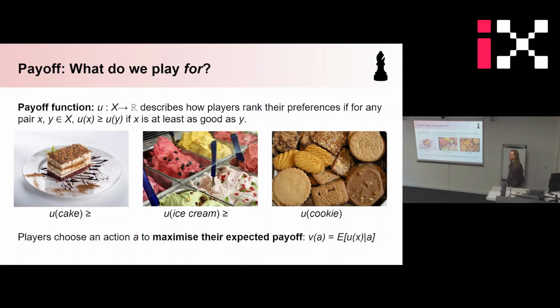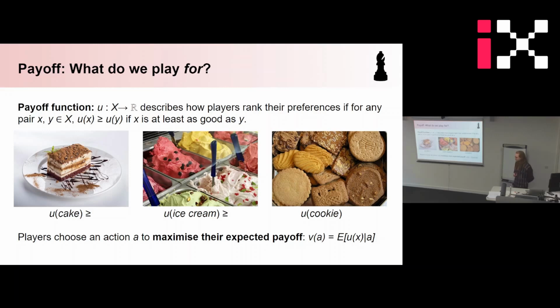And if you're rational, there are certain things about this. For instance, this set is complete. I cannot give you a dessert and you say, I don't know. And also, it's transitive. So if you like cake more than you like ice cream, and you like ice cream more than you like cookies, you obviously like cake more than you like cookies. Otherwise, you are irrational, right, in this setup.